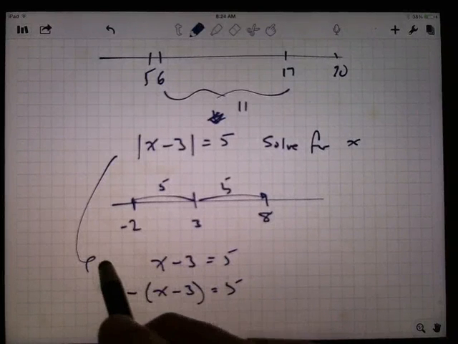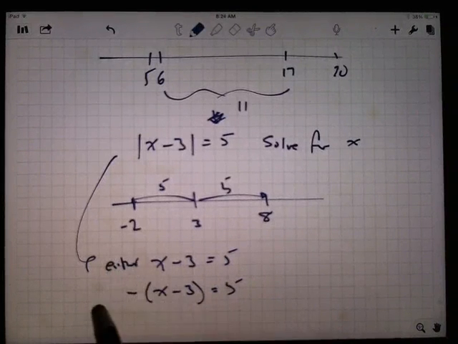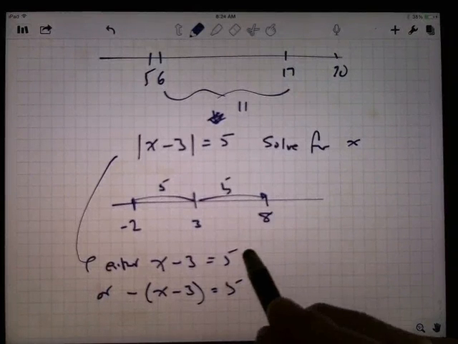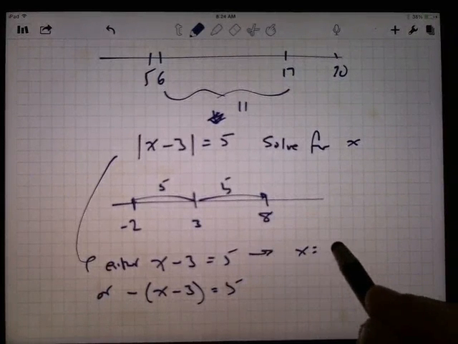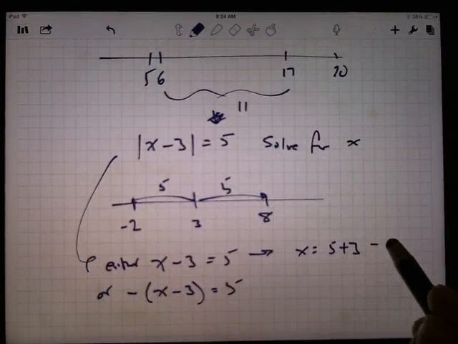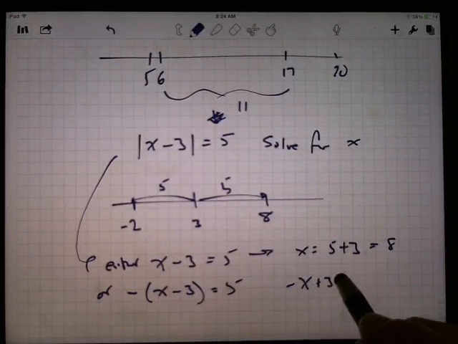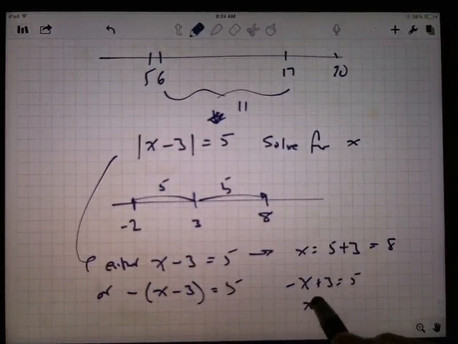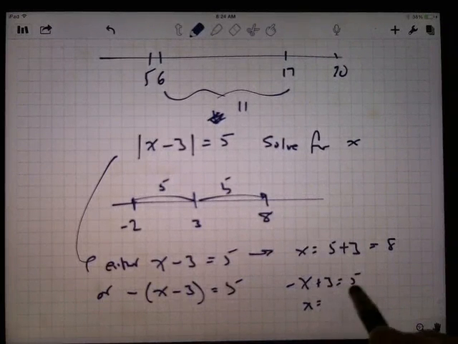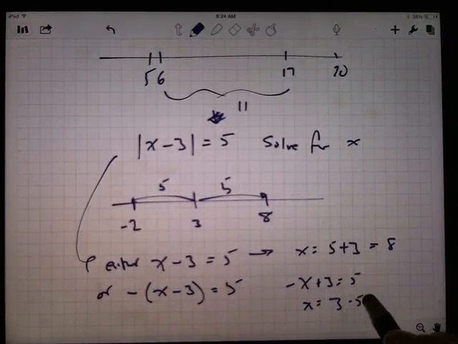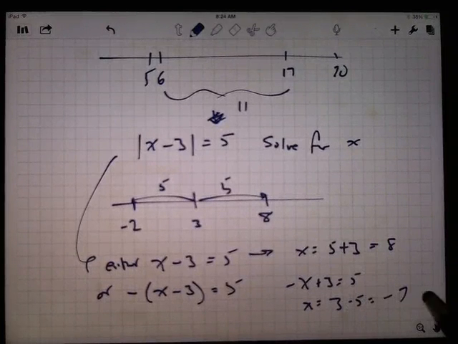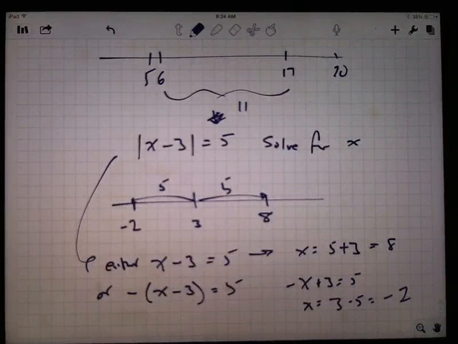So it's going to look like this, or it's going to look like that. Well, this one gives you x equals 5 plus 3, which is 8. This one gives you negative x plus 3 equals 5, so x equals 3 minus 5, which is negative 2. Okay, so you get the answers.